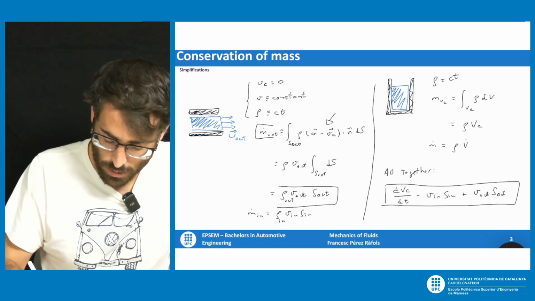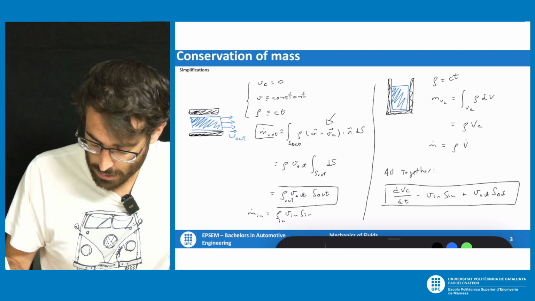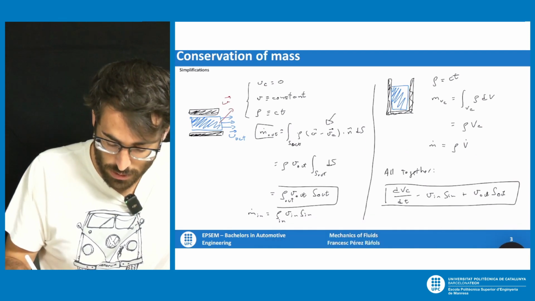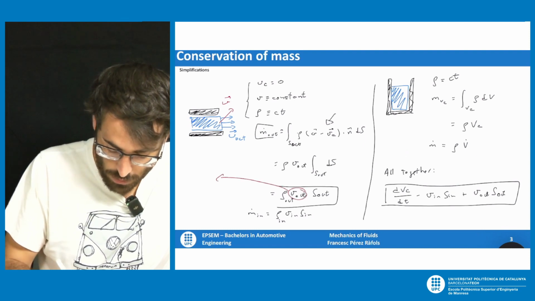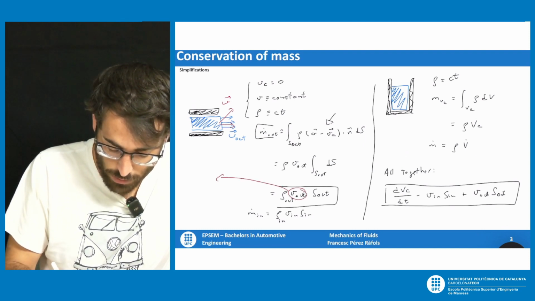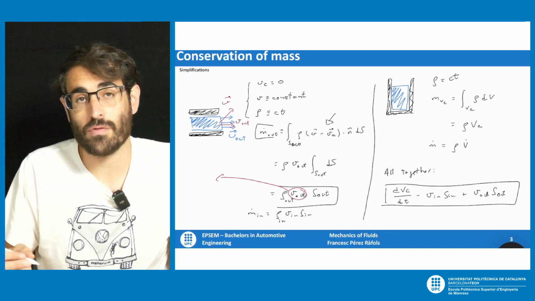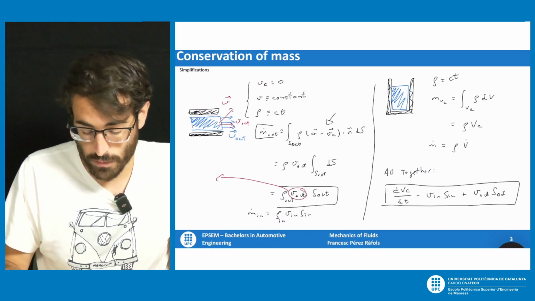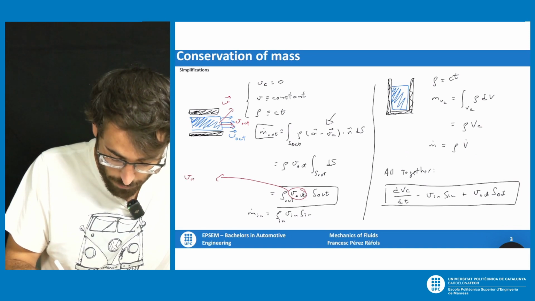Finally, let me make this caveat: if we do have a velocity vector in this direction that's not the one here, only the perpendicular component counts. Because for the mass flow, or the volumetric flow, only the perpendicular component of velocity is important. So this would be Vn.